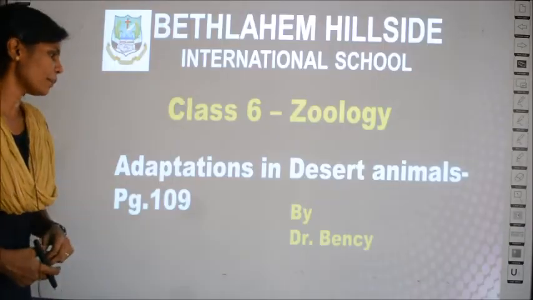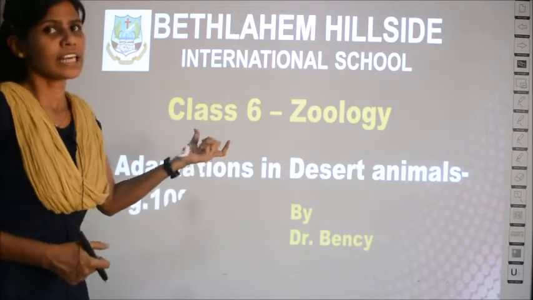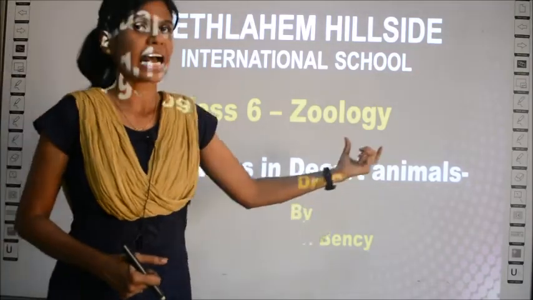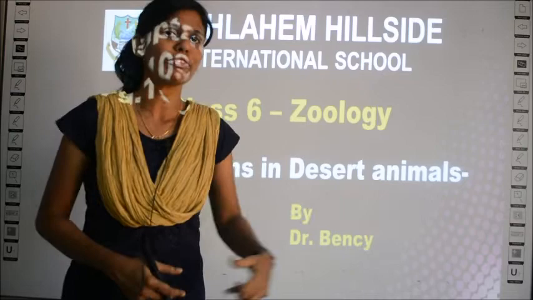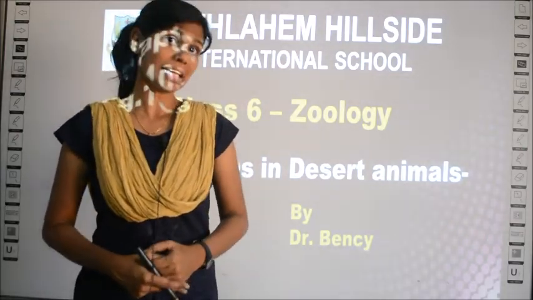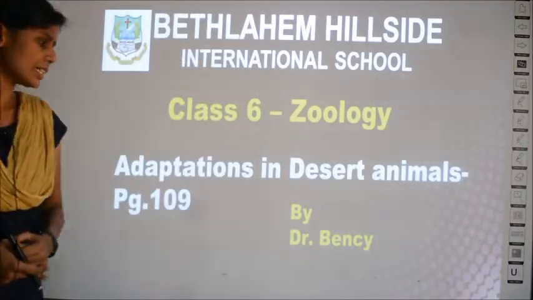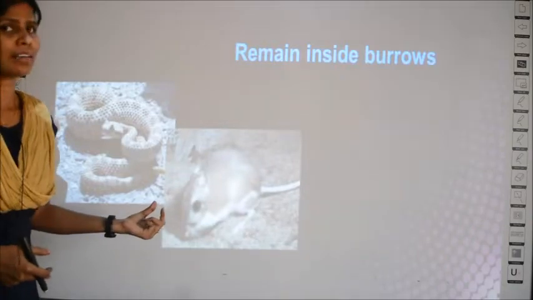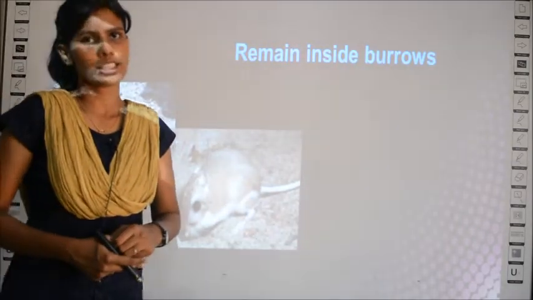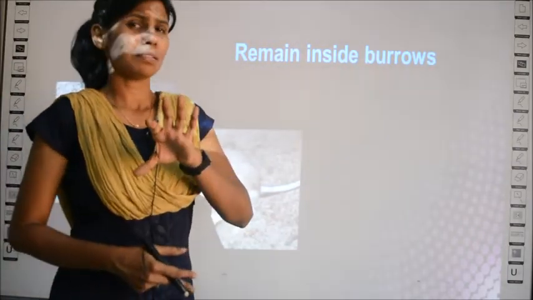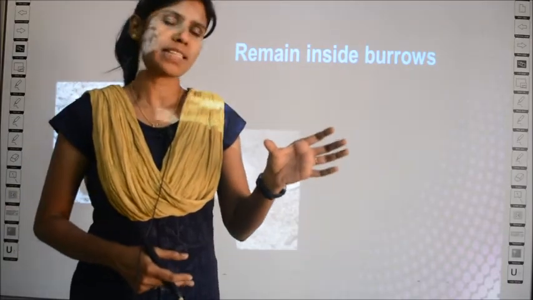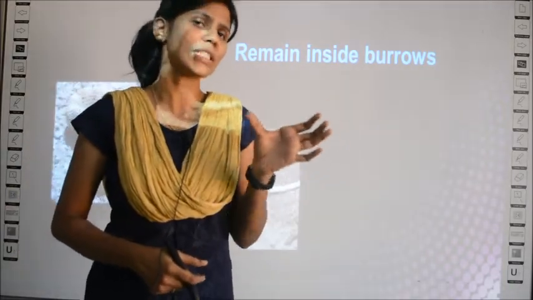In today's class, we are going to learn the topic adaptations in desert animals. What is the topic for today? Adaptations in desert animals. It is on page number 109 in your textbook. This is from the lesson Adaptations in Habitat.